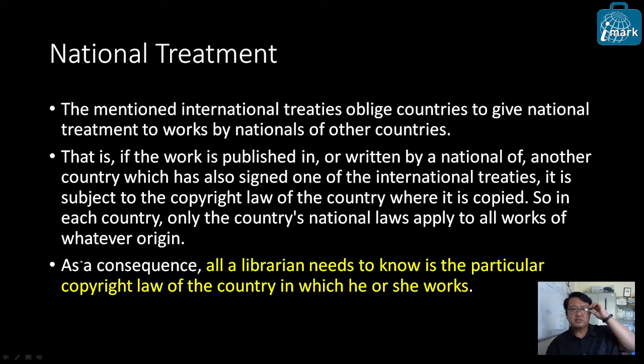Now let us come back to national treatment. As we have said, international treaties oblige countries to give national treatment to the work by nationals of other countries. For example, I'll give you a simple story. There was a time when books written in the United Kingdom, when sold in the United States, were not protected, as the United States did not protect works published in the United Kingdom.